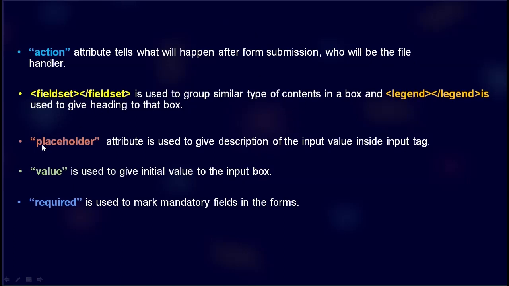Next comes the placeholder attribute, which will be giving the description about the input tag. Then value is used to give the initial value to the input boxes, and then required is used for those fields which should be mandatory for the users to fill for submitting the form.